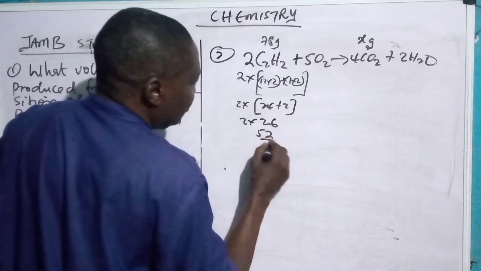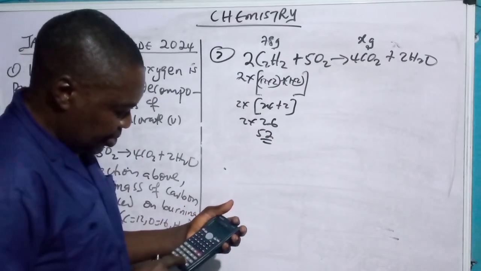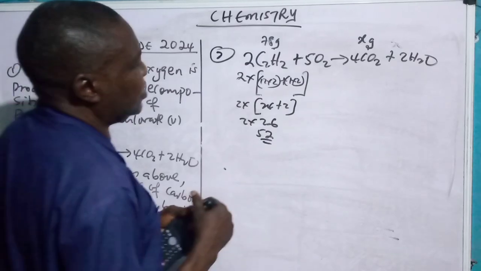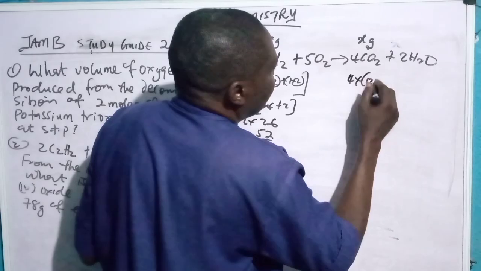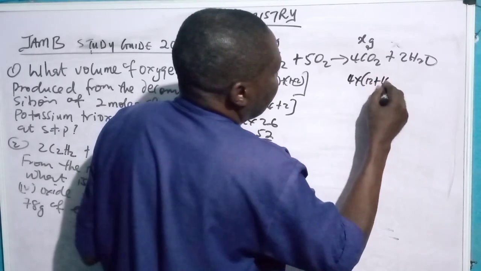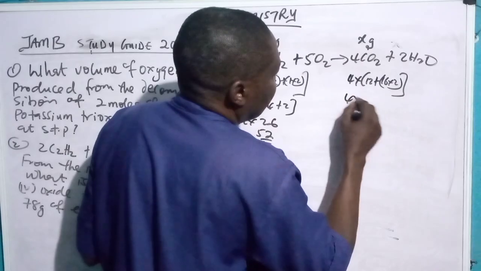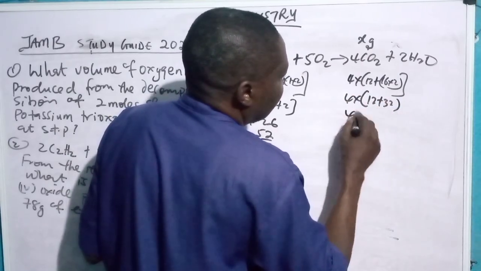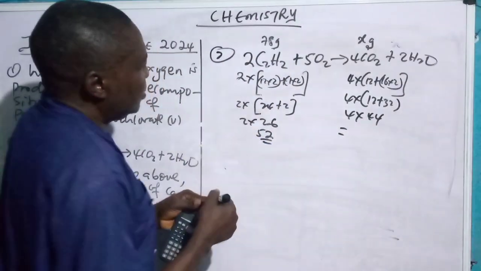I think 52, but let us be very sure, but I know it's 52. 2 times 26 gives you 52. That's good. Then this one, 4 times 12 plus 16 times 2. 4 times 12 plus 32. 4 times 44.